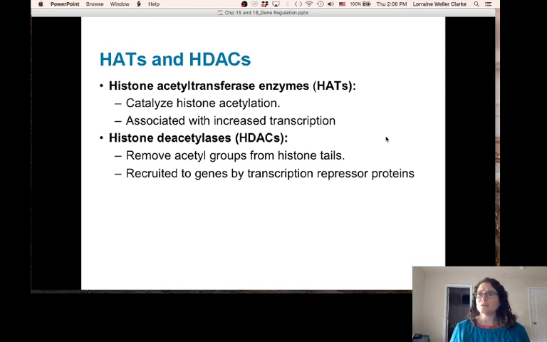Instead, some of the transcription repressors can recruit deacetylases. Some of the promoters, the ones that activate the gene, can actually get the histone acetyltransferase enzyme. So this is one way that we can turn genes on and off in particular.